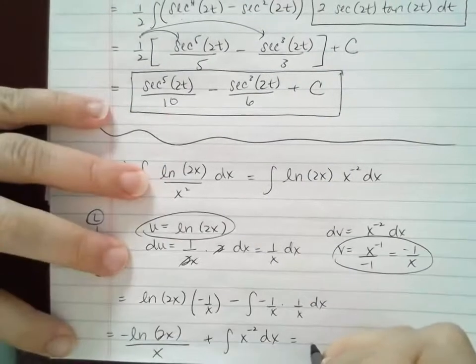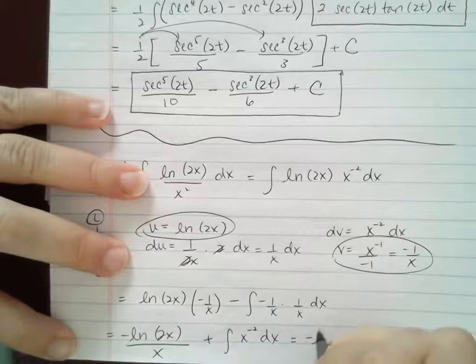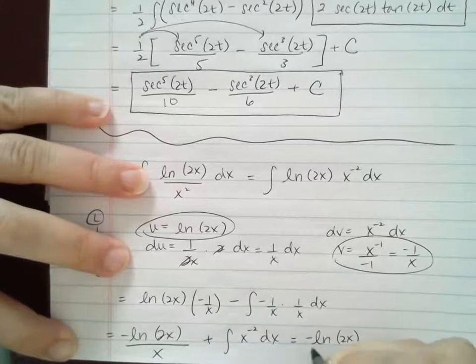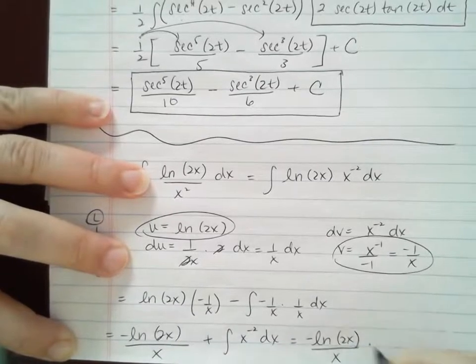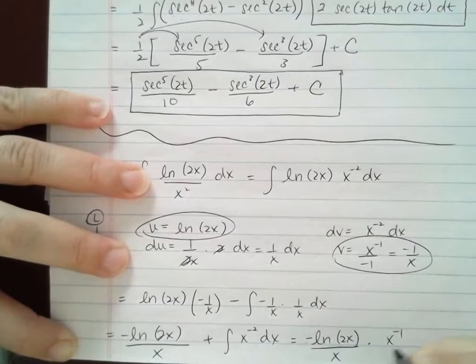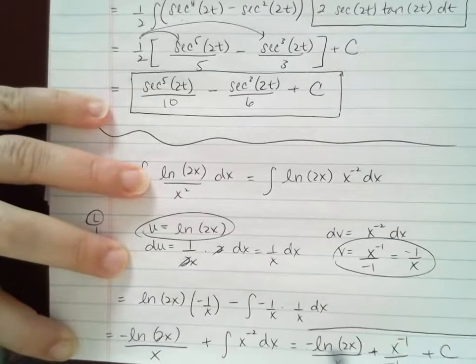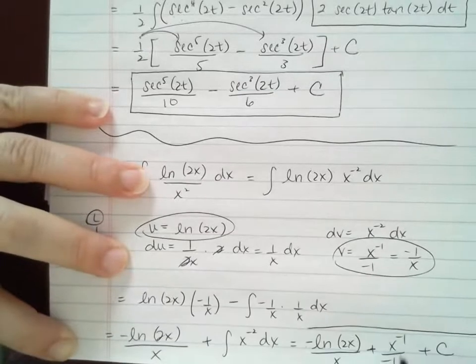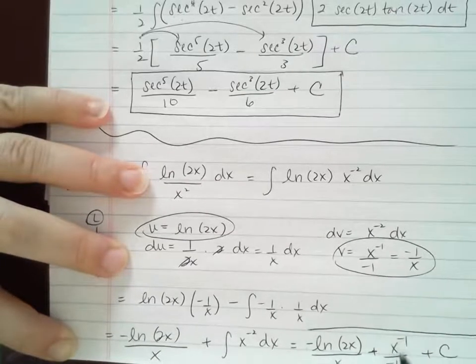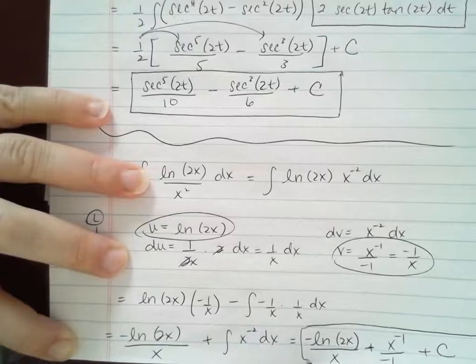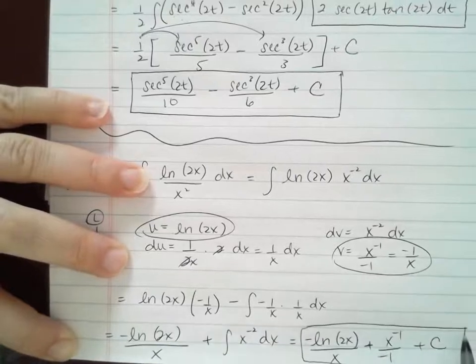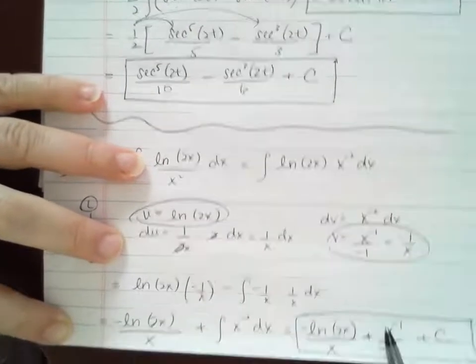Final answer is negative natural log of 2x over x plus x to the negative 1 over negative 1 plus c. I could clean this up and write, instead of x to the negative 1 over negative 1, negative 1 over x, but I ran out of room. I would encourage you to rewrite it, though, as negative 1 over x.